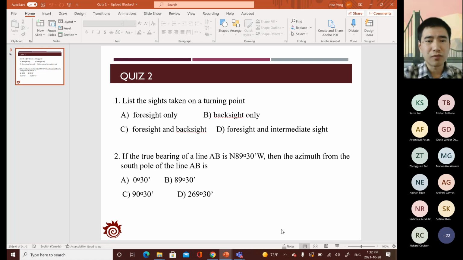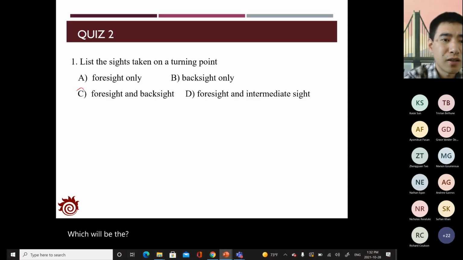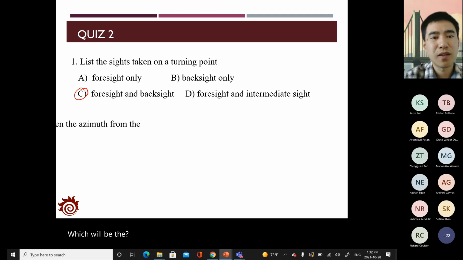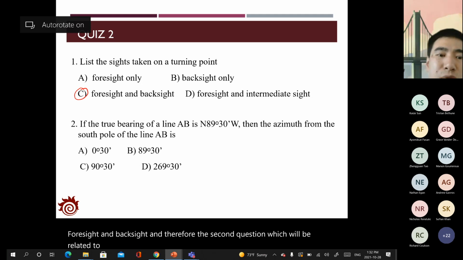For direct differential leveling, or direct leveling, we'll only consider two sides, the foresight and backsight. So the answer here should be C, which is the foresight and backsight.